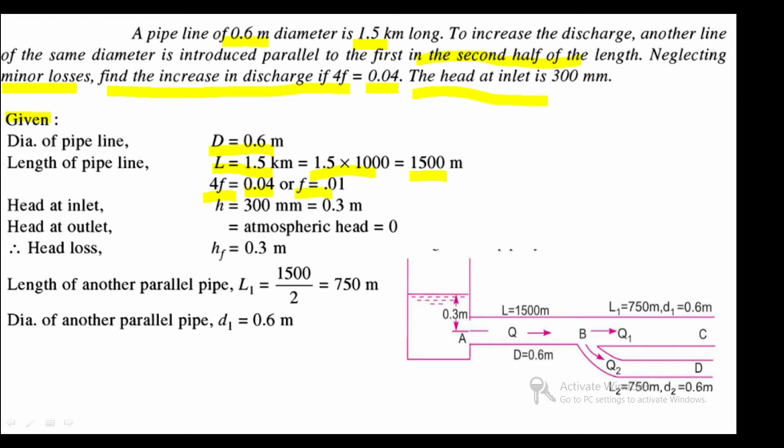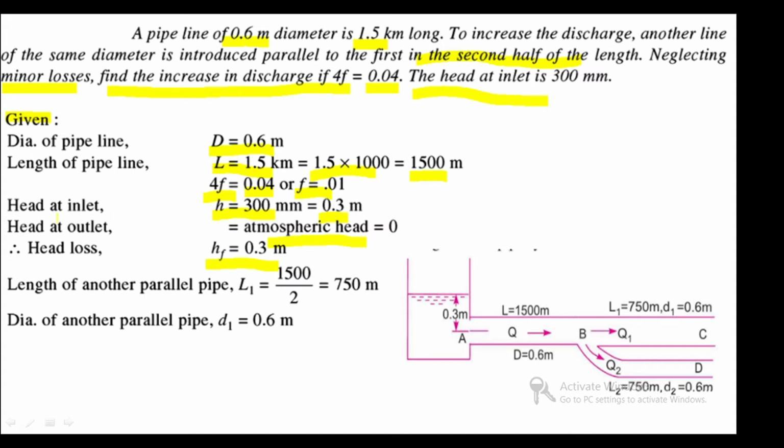Head at inlet 300 mm is converted into meter, 0.3 meter. The atmospheric head is assumed to be 0, and the head at outlet is 0. So head loss is 0.3, based on head at inlet, right?